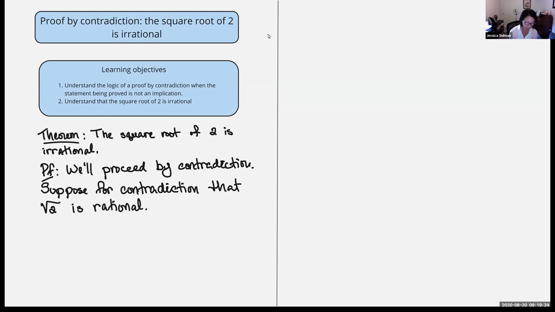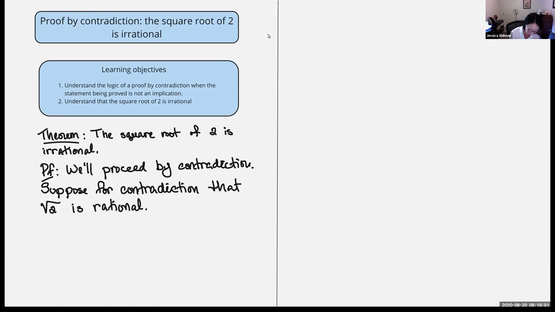Okay, and so now we're kind of back, at least for a little while, in that same framework of the direct proof poem. Now that we've supposed this, what we need as input to get the proof started is something we know. And the thing that we know here, and almost always in a lot of the proofs in this class, is a definition. Okay, the definition of a rational number.